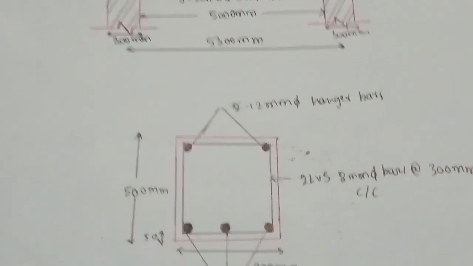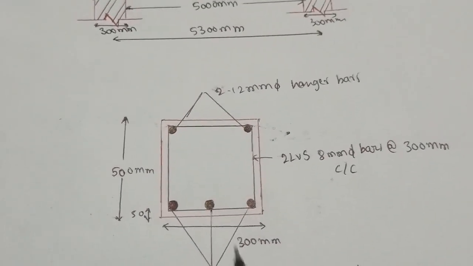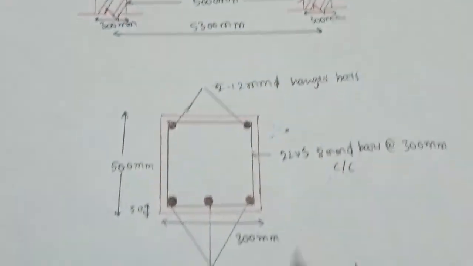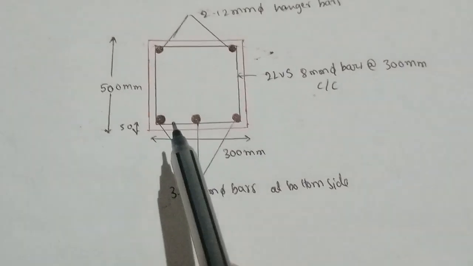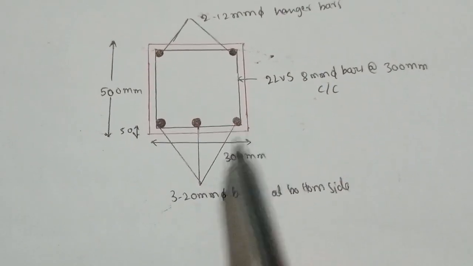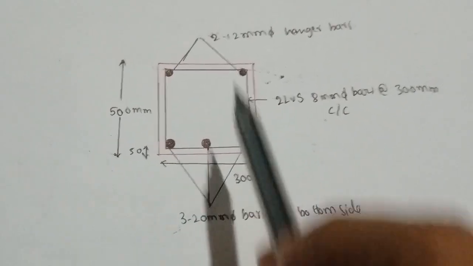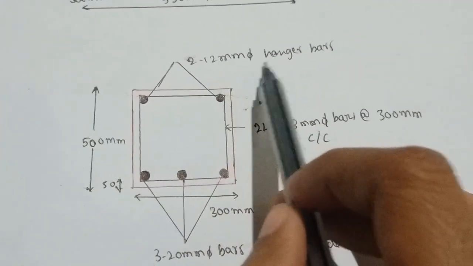Now we will see the cross section diagram. When you cut the section at the middle or center, we will see three numbers of 20 mm diameter bars at the bottom side, that is the tension side, and two numbers of 12 mm diameter bars at the top side.